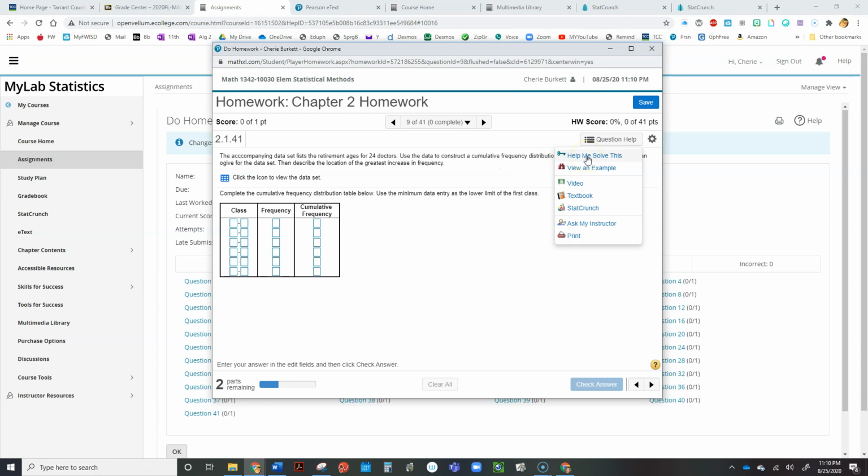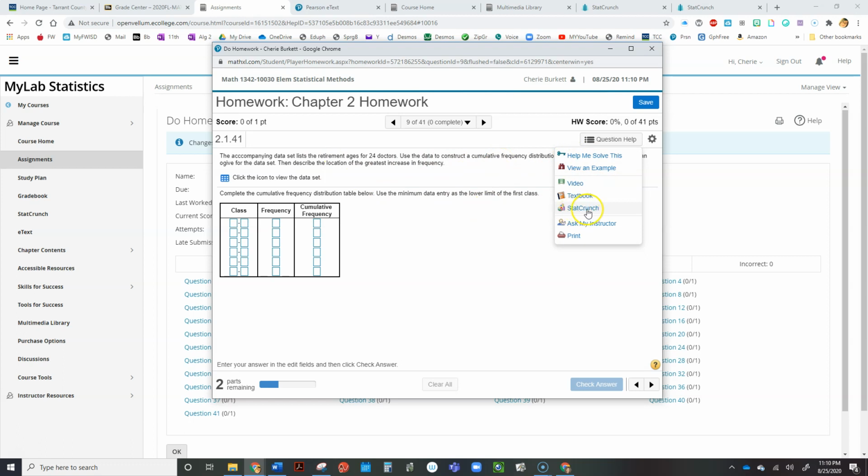If you do help me solve this, it will help you solve this. It'll walk you through, but then it's going to redo the question and make you do another one. If you do view an example, the example that it shows you is just like this one, but when you get through with the example, you'll be able to do this question. They won't redo it. So you're working two problems, the example and then this one, or you're working this one and then you have to redo that again.